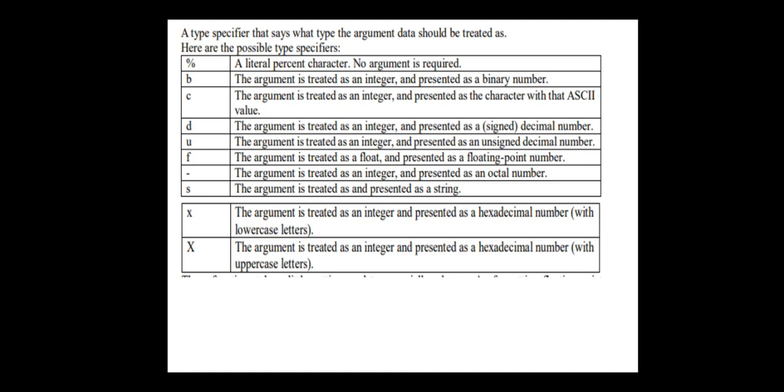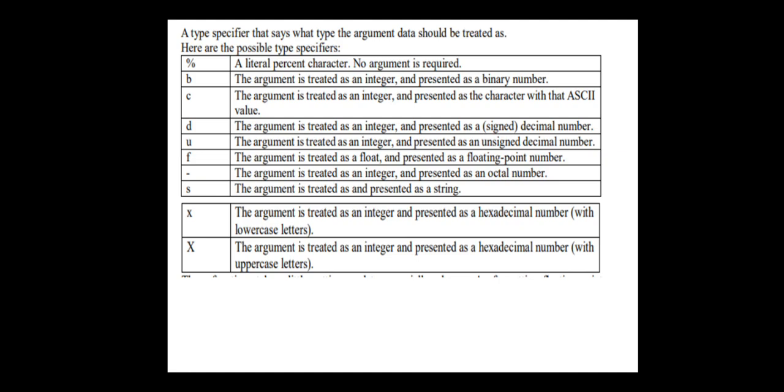C, the argument is treated as an integer and presented as the character with that ASCII value. D, the argument is treated as an integer and presented as a decimal number. U, the argument is treated as an integer and presented as an unsigned decimal number.